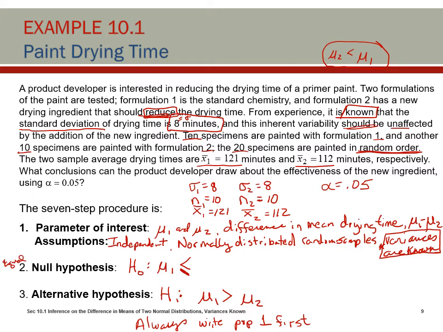Remember, since they're not asking for a specific difference, we could subtract mu2 from both sides, so it would be less than or equal to mu2 minus mu2, which is 0. So you could write this in either format. What this 0 tells you, though, is that 0 is delta naught in the test statistic formula.